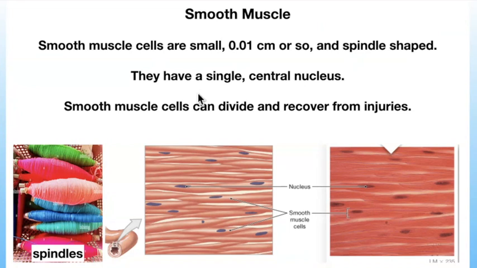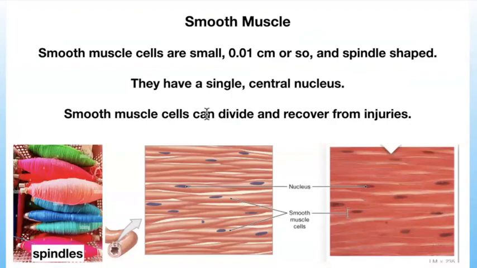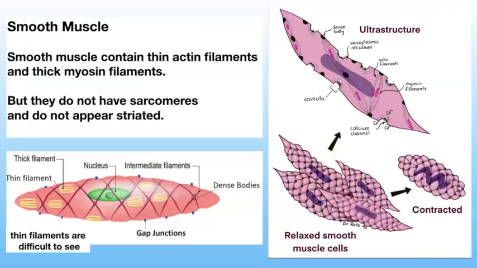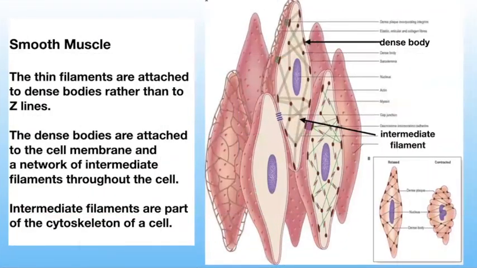And luckily, smooth muscle cells can divide and recover from injuries, which we wish we could say about heart cells. Smooth muscle contains thin actin filaments and thick myosin filaments, but they do not have sarcomeres and they do not appear striated. The thin filaments are attached to dense bodies rather than to Z lines, and the dense bodies are attached to the cell membrane and a network of intermediate filaments throughout the cell.